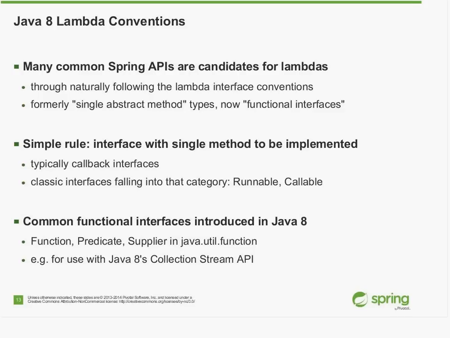If you have heard of default methods in Java 8 already, you might get a hint of what I mean here. If there are default methods on interfaces, a new Java 8 feature with a default implementation supplied in the interface itself, that doesn't count. It can still work with Lambdas as long as only one method remains to be implemented. So it doesn't have to be strictly a one method interface. It only has to be an interface with one method left to be implemented.